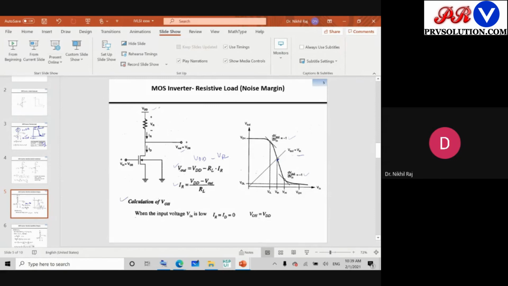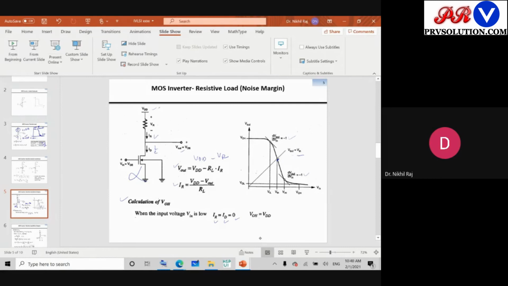Now calculation of VOH. What should be VOH? For VOH we need the NMOS to be in the off condition because we need a high logic. So when NMOS is off, no current is flowing through the NMOS, and since there is no resistive load at the output, IR equals ID. So I can say IR equals ID equals 0.